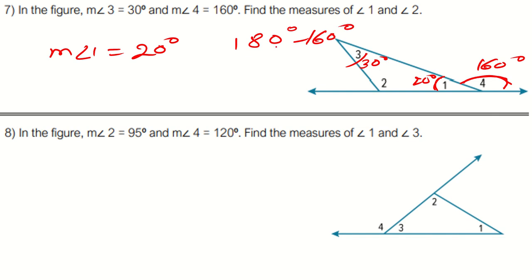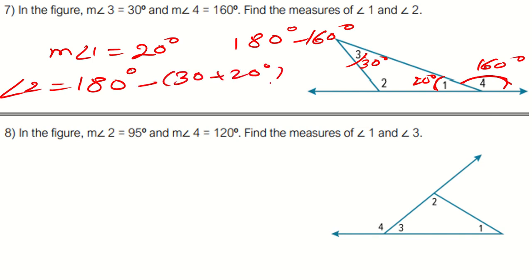And then measurement of angle 3 will be what? Just add these numbers. Oh no, angle 2 also they want. So for 2, add 3 and 1, so angle 2 will be equal to 180 minus 30 plus 20, means 180 minus 50, means 130 degree. Okay, this is for measurement of angle 2.